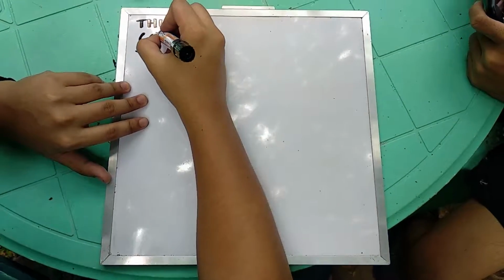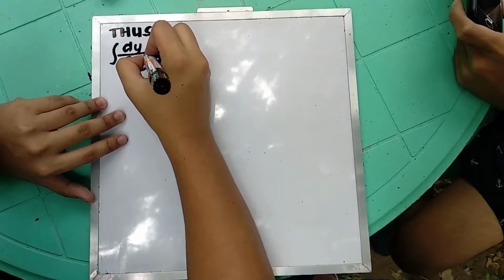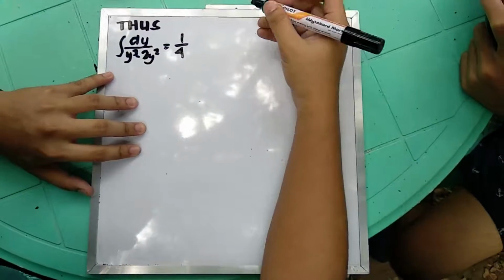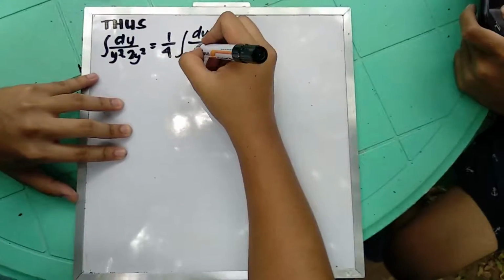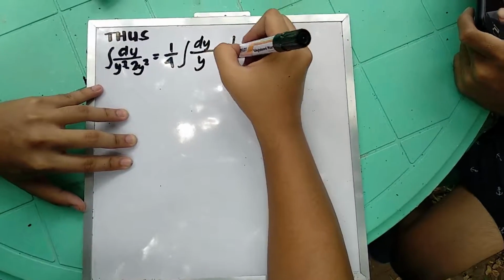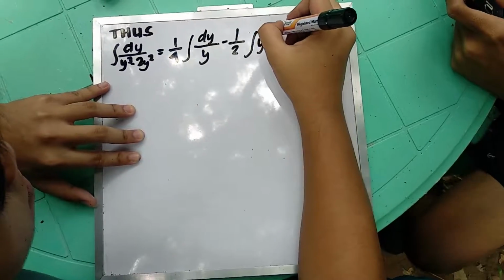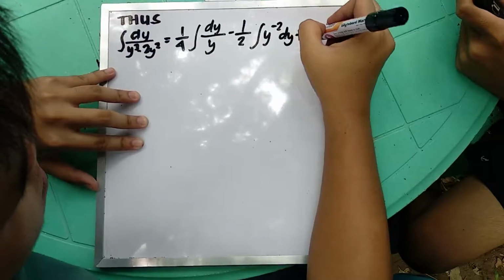Thus, the integral of dy over y cubed minus 2y squared is equal to negative 1/4 integral of dy over y minus 1 half integral of y raised to negative 2 dy plus 1/4 integral of dy over y minus 2.